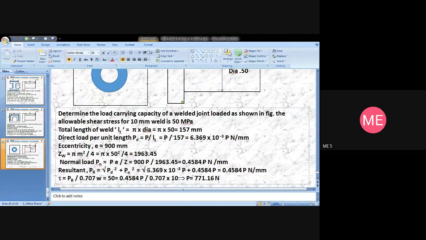Add these two, and then take a square root of it and then square it. You will get that. That's it.